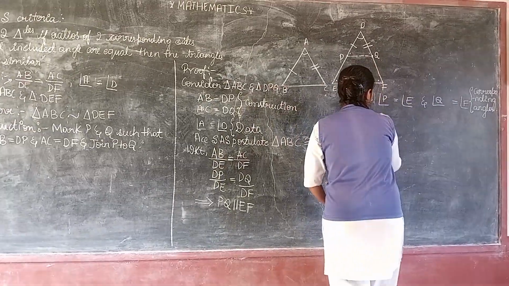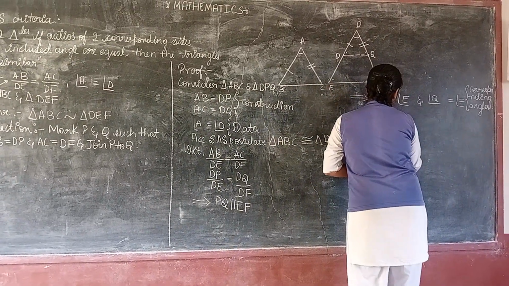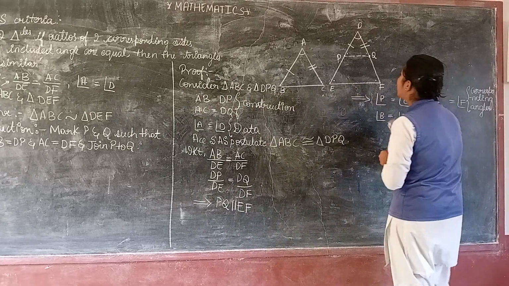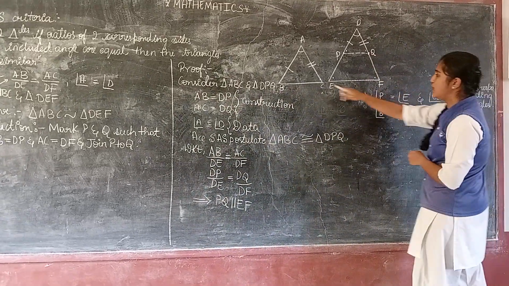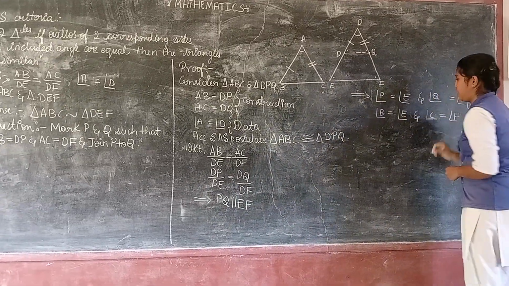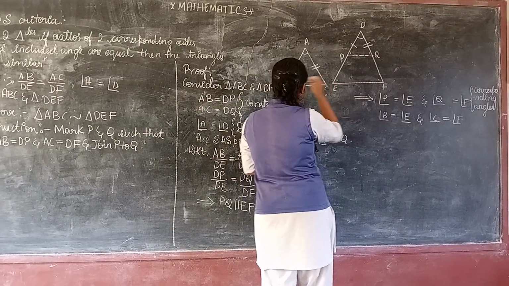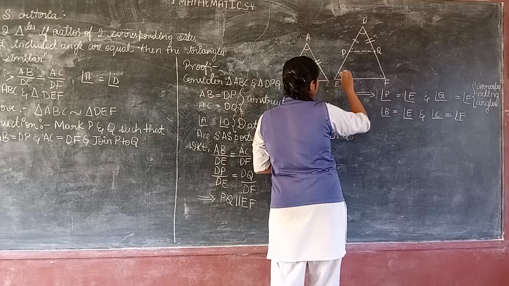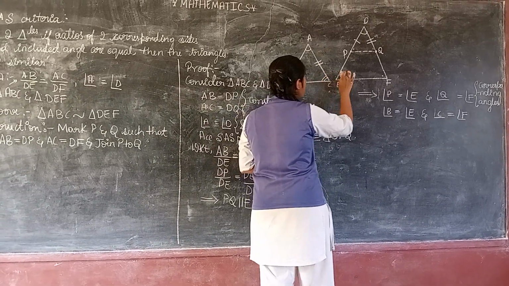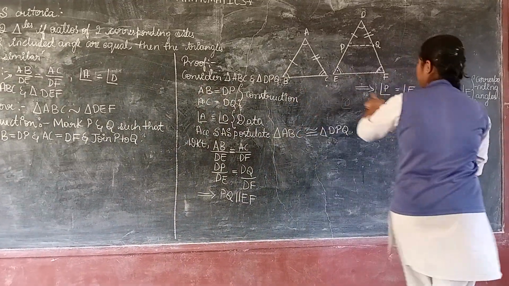So in place of P I can write B, angle B will be equal to angle E, and in place of Q I can write C, angle C will be equal to angle F.